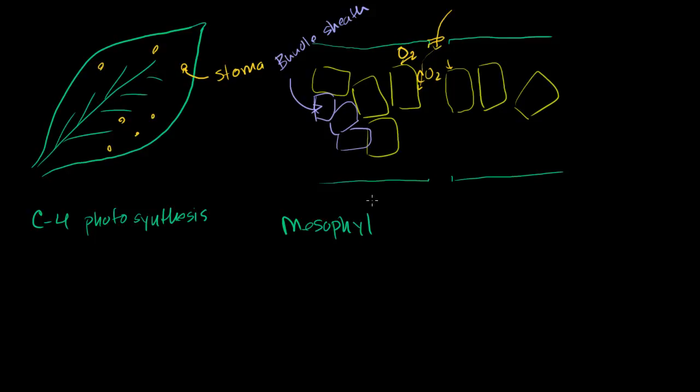You have CO2 coming in, and instead of reacting with RuBP, or ribulose bisphosphate, it reacts with another very hairy sounding compound. We'll just call it PEP, but it's phosphoenolpyruvate. So that's PEP.